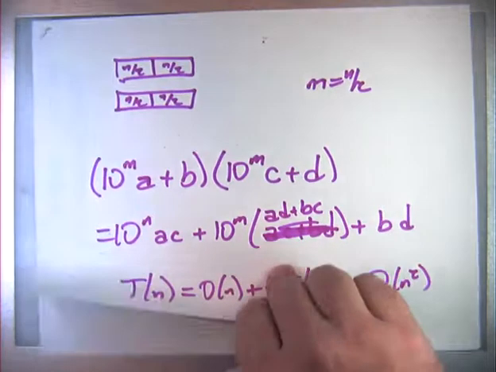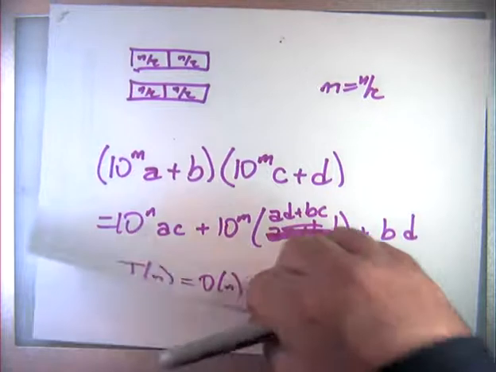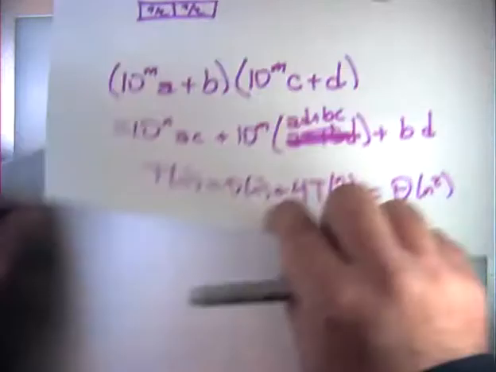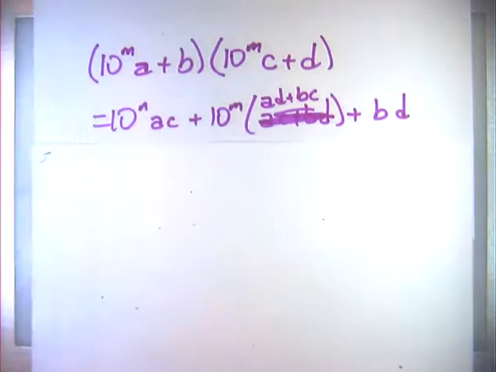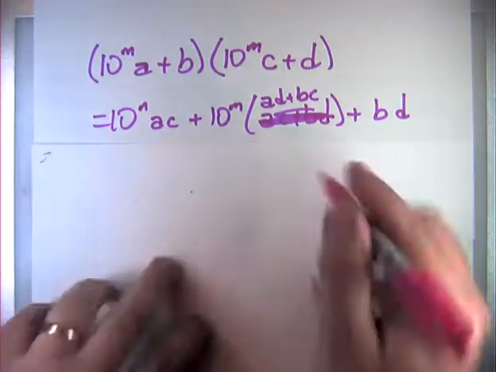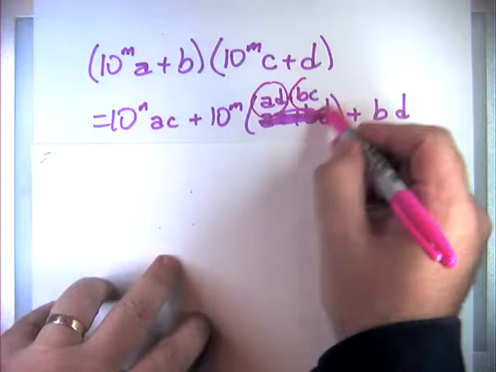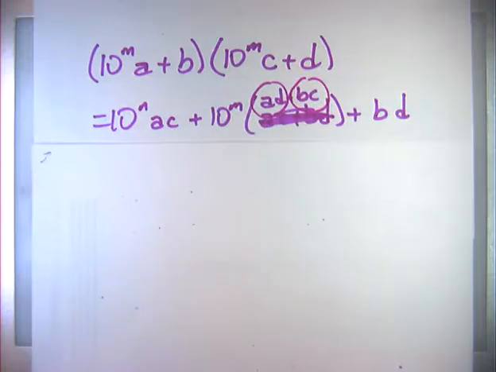But then Karatsuba said, hey, I can speed this up a little bit using the fact that I actually don't care about the individual products AD and BC. I only care about their sum. And I've got some other stuff that can maybe help me figure that sum out.